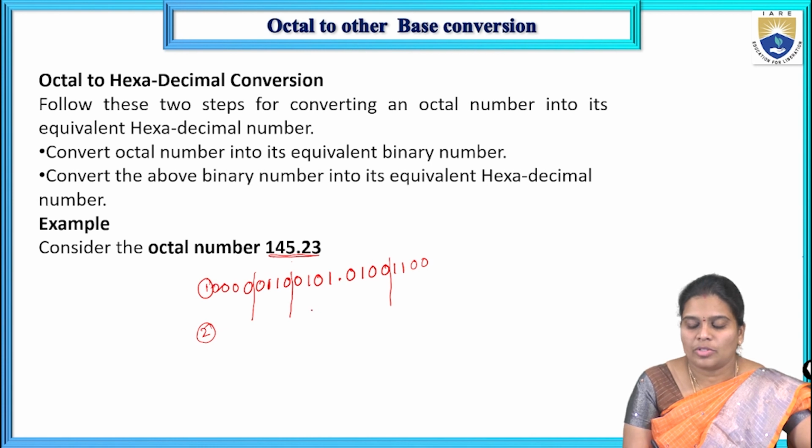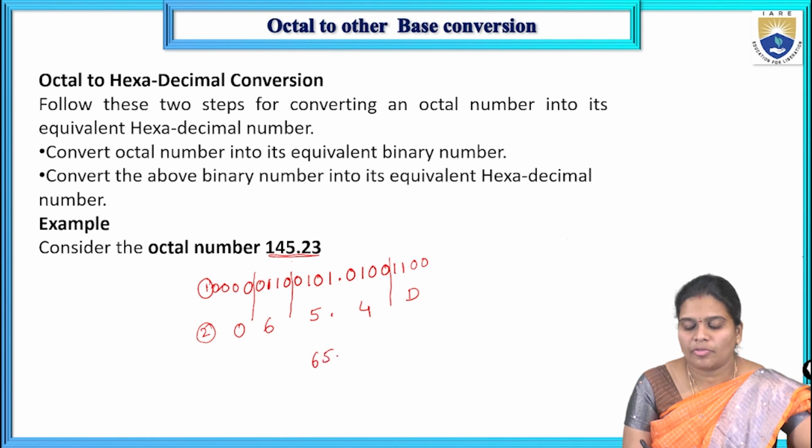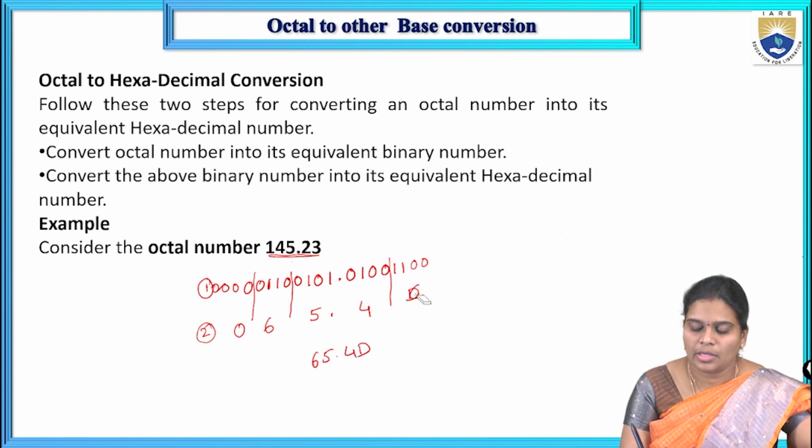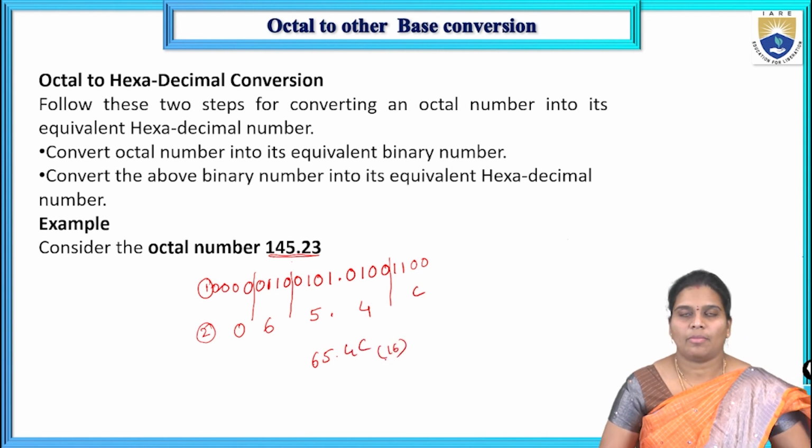Okay, 0101, 0110, 0100, 1100. 1010 is A, 1011 is B, 1100 is C, 1101 is D. So the value is 65.4, sorry, this value is C. 4, 7. This is the hexadecimal number system.